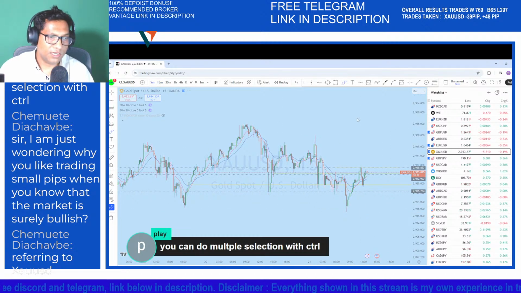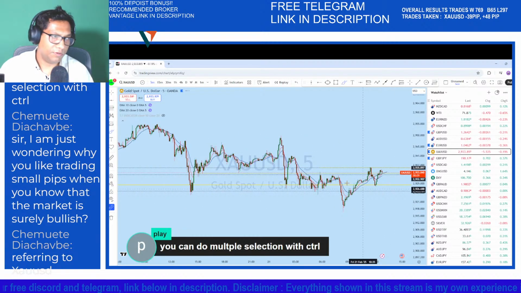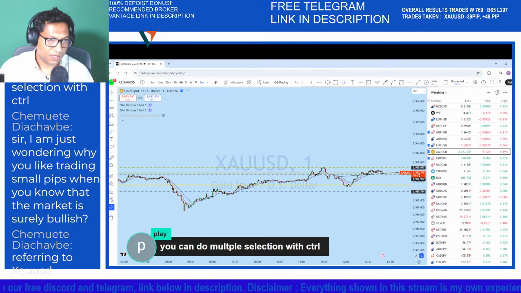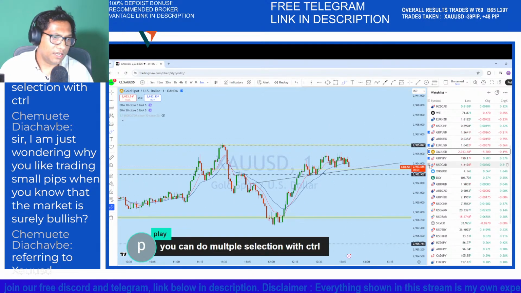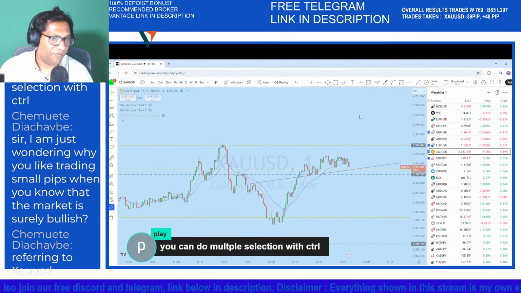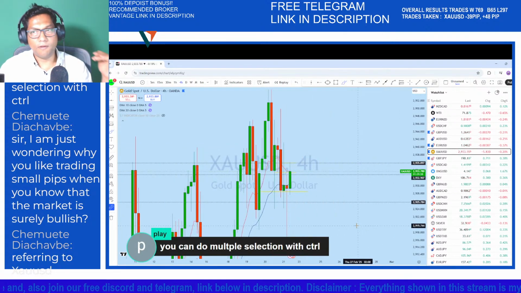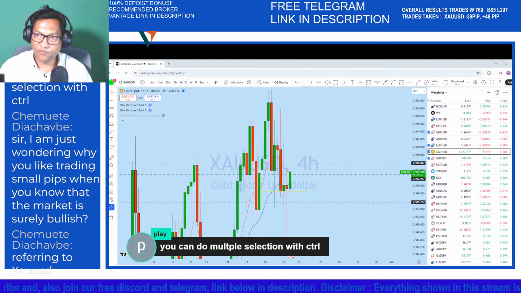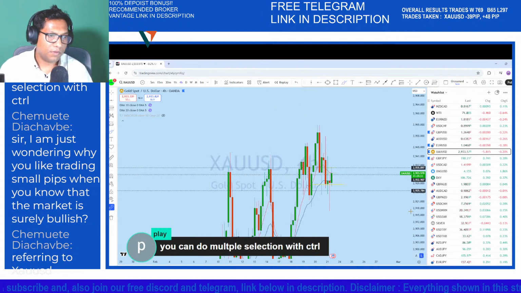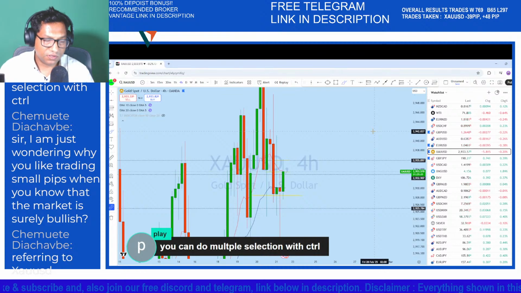If you look at the 5 minutes, it's completely another picture. If you look at the 1 minute, it's a fully different picture than what you see on the 4-hour. So that is why when you look at at least 2 time frames, multi-time frame, that's where you see the difference in the market.